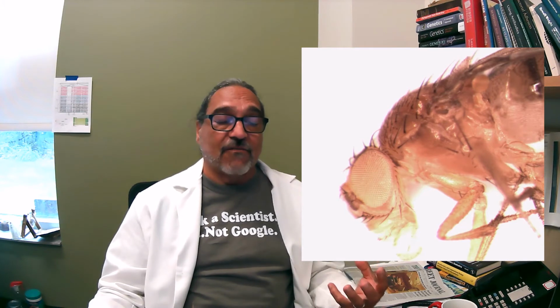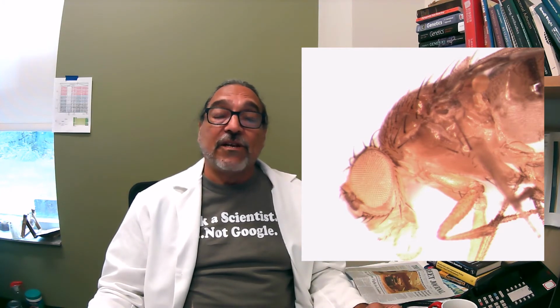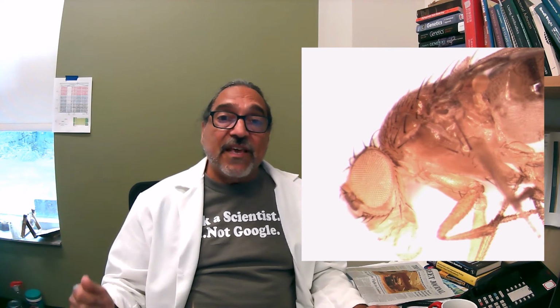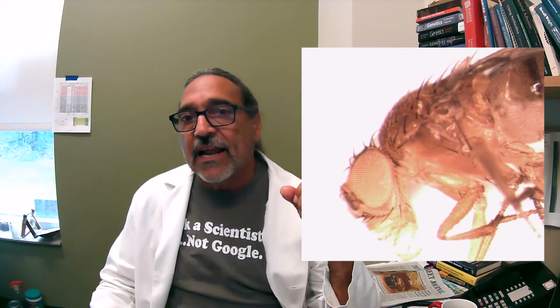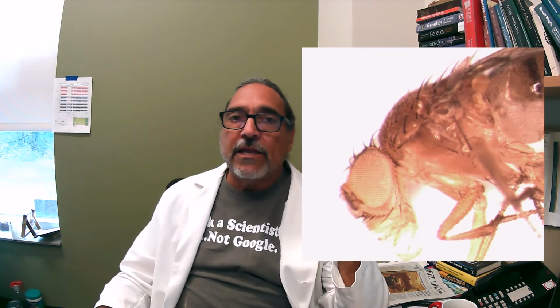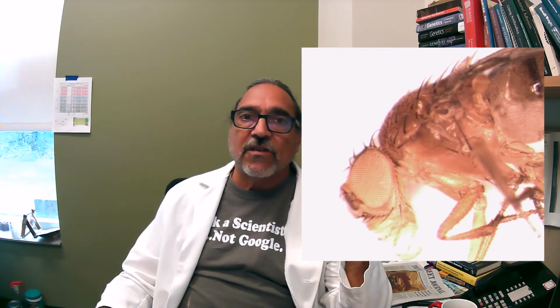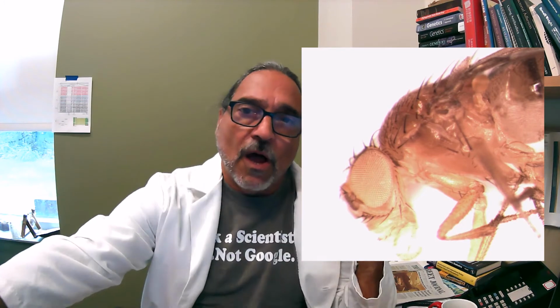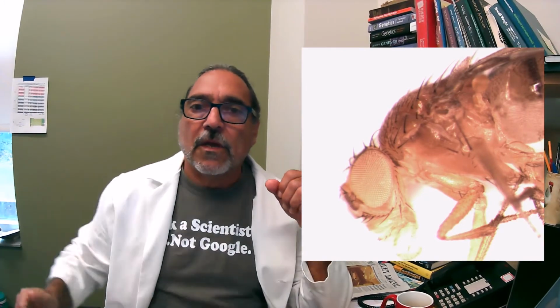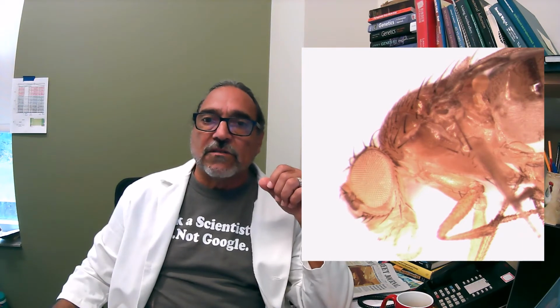You can see they have a very clear, non-pigmented eye structure. This white is a very different white than that identified by Thomas Hunt Morgan. Remember that Thomas Hunt Morgan's white eye was sex-linked.